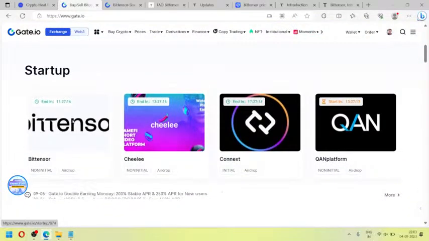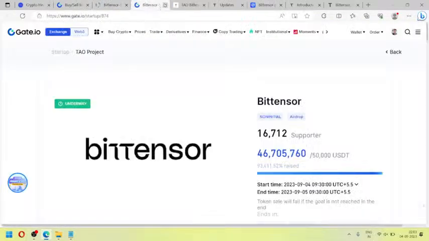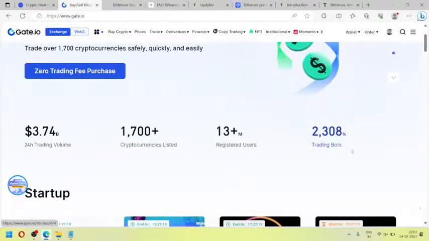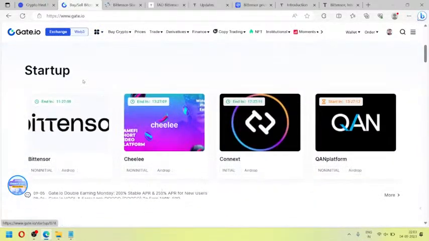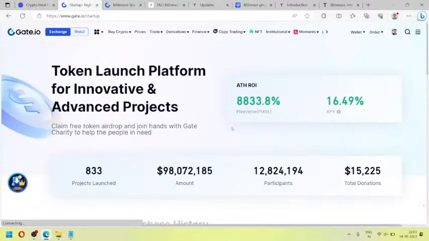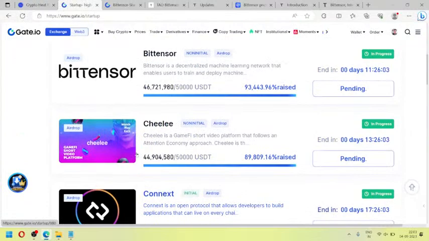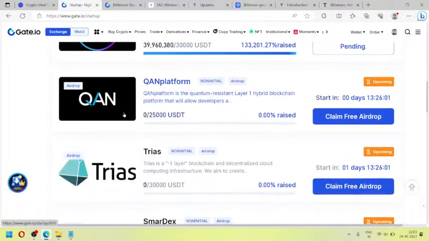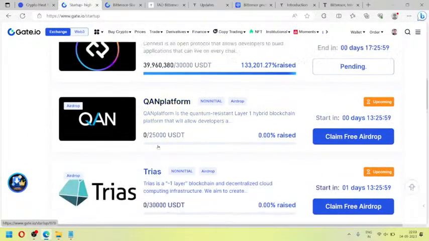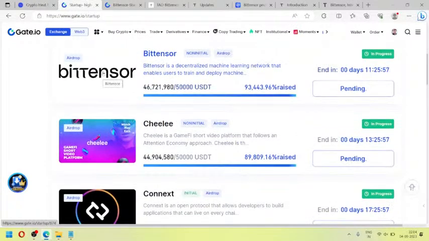Today we have an airdrop. If you want to participate in the Gate.io Startup airdrop, just click on Startup and you will see a lot of token airdrops running on Gate.io. Just participate in whichever one you want.